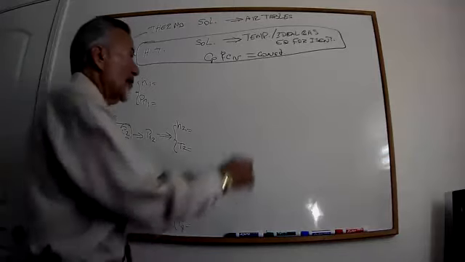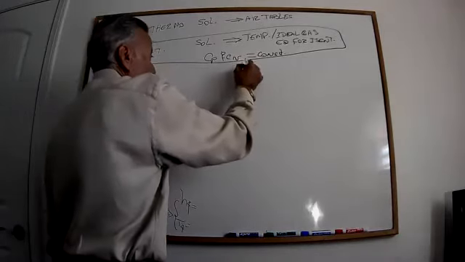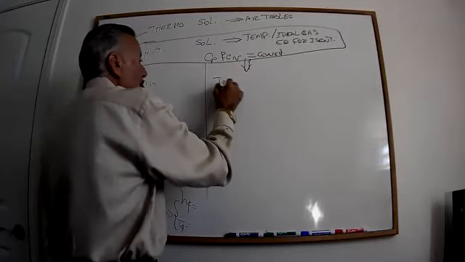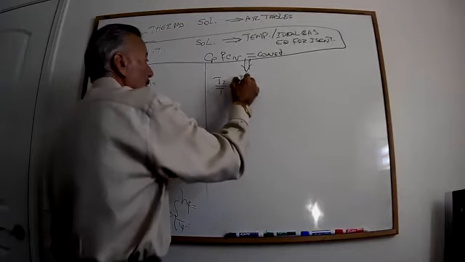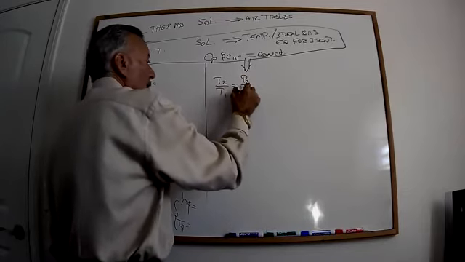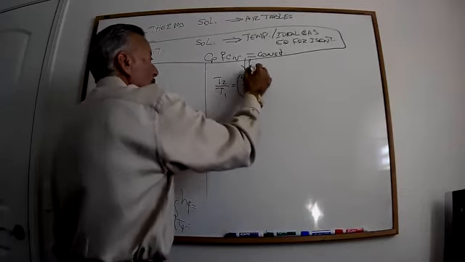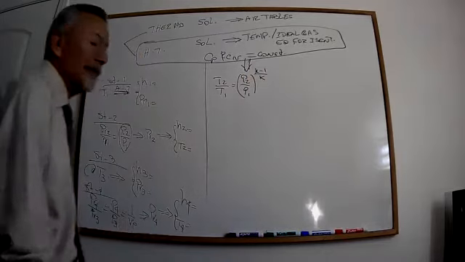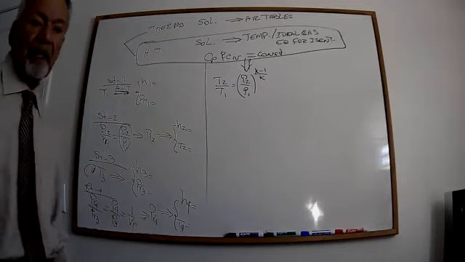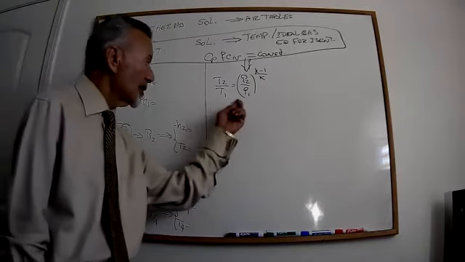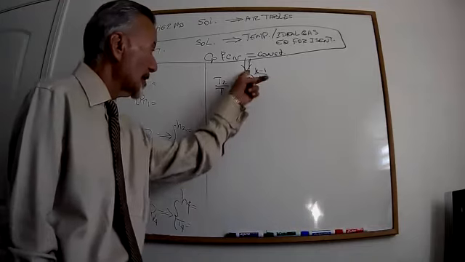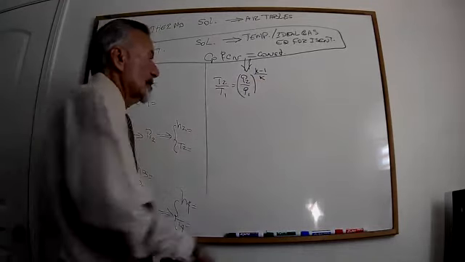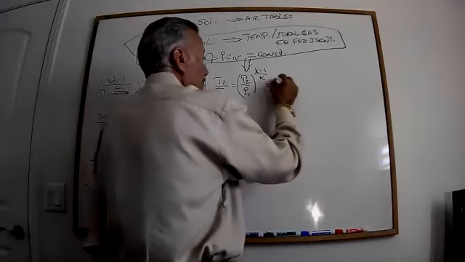Now, if this is the case, then we say T2 over T1 is equal to P2 over P1 to the power of K minus 1 over K. These are the isentropic equations based on the pressure ratio, and that's how you find the value of T2.